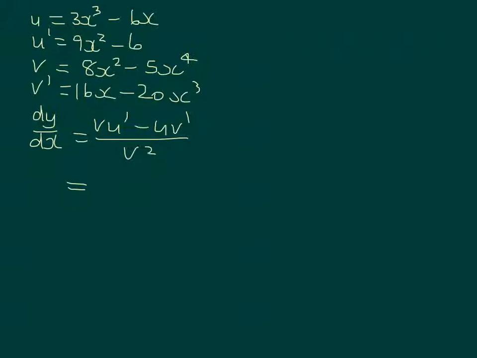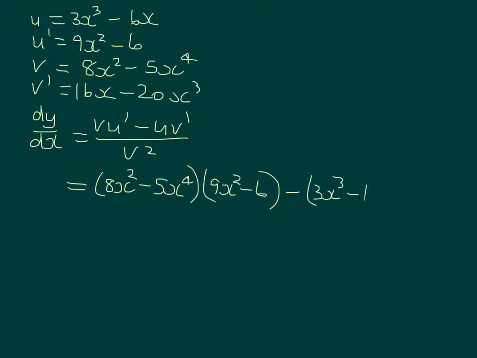It's not a waste of time writing all this down because now it's very straightforward. So v is 8x squared minus 5x to the fourth times u dash, 9x squared minus 6, minus u, 3x cubed minus 6x, and v dash 16x minus 20x cubed.